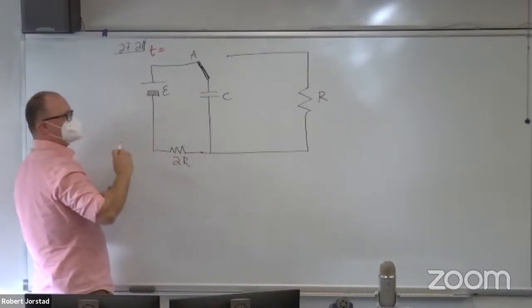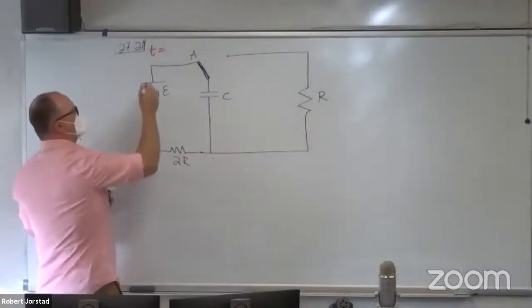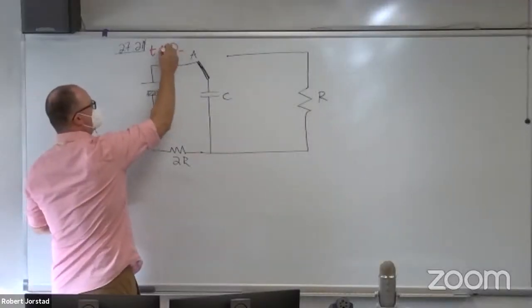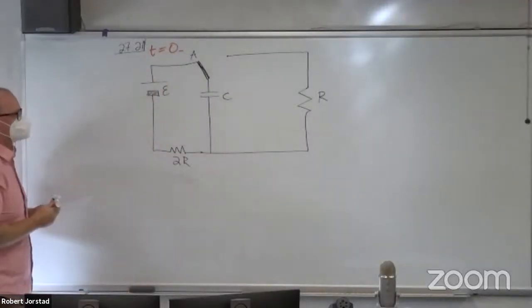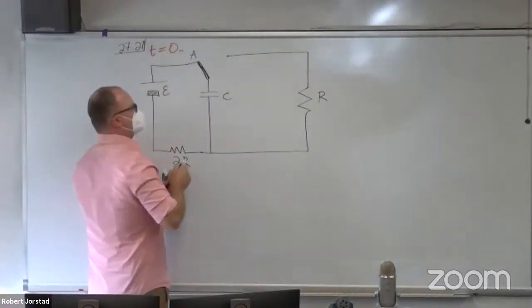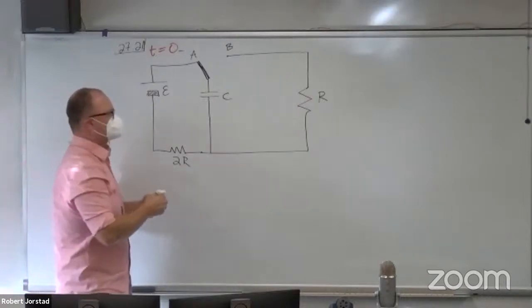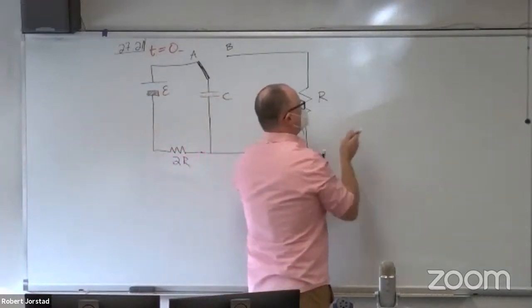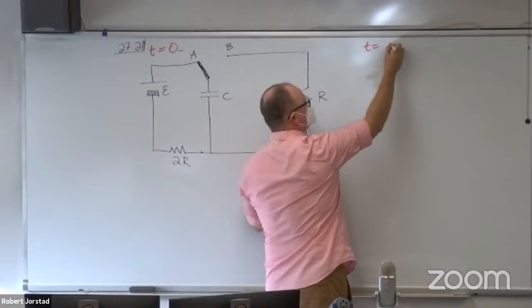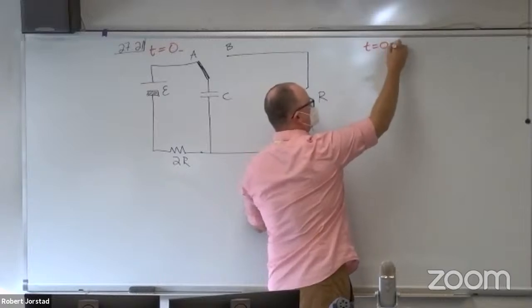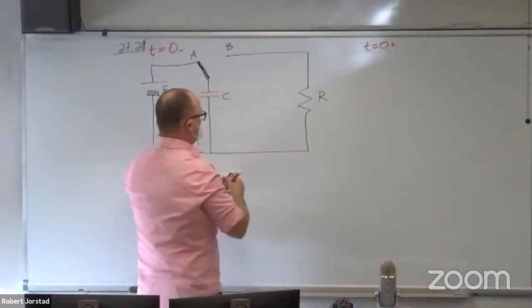No, infinity is after the switch has been thrown a long time. So this is 0 minus, meaning just before we flip the switch. Is that good? This was the 0 minus picture, right? So the next picture would be what? T equals 0 plus.